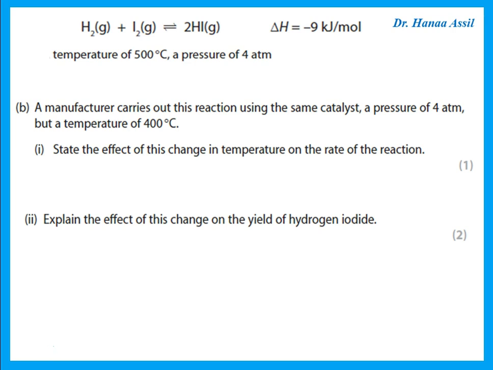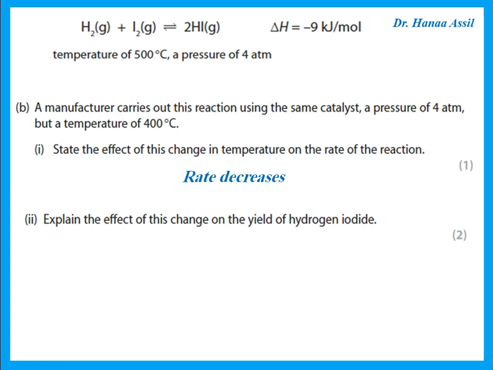He will either ask you what is the effect on the rate or what is the effect on the yield. Now, if I use a lower temperature, what is the effect on the rate of the reaction? Remember that for any reaction, lower temperature means the rate decreases.